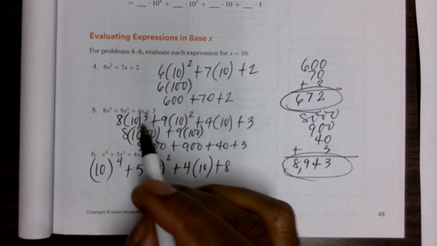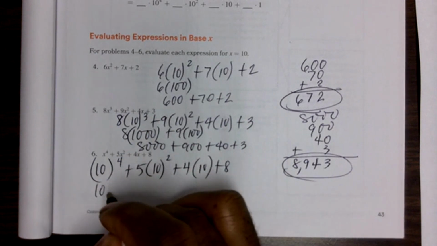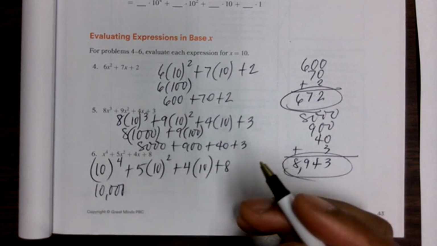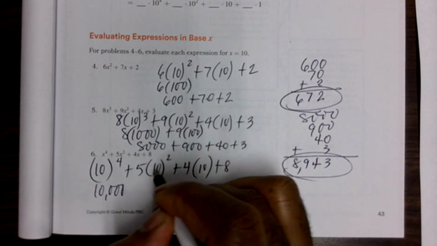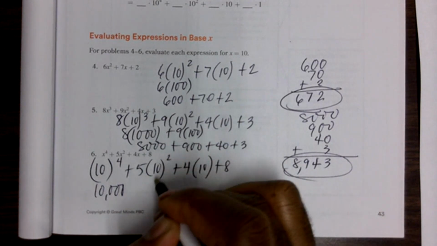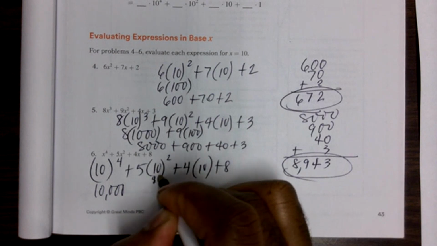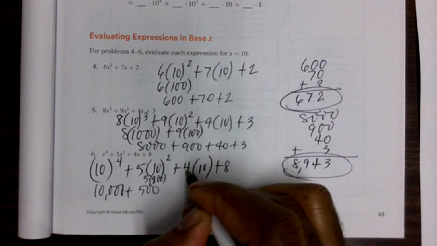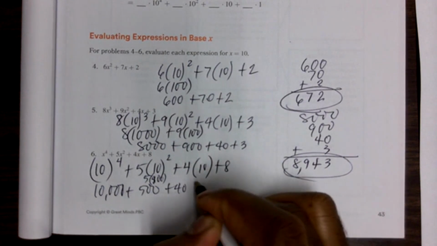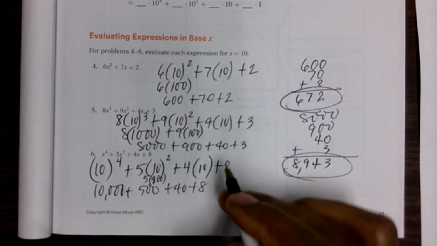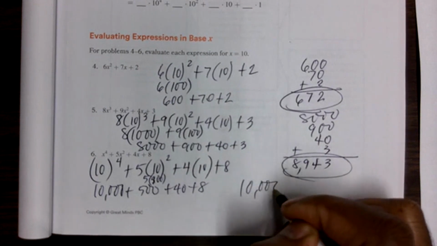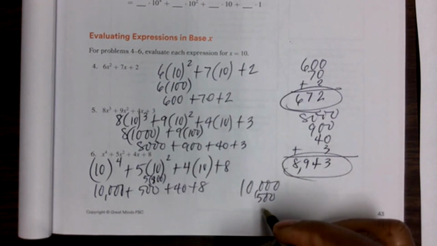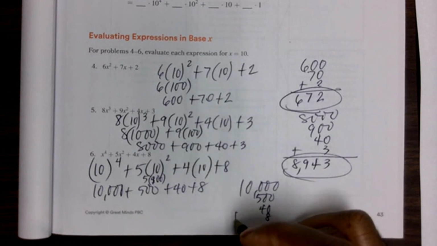All right, and then I'm evaluating. 10 to the 4th power is 10,000. All right, 10 squared is 100, and 5 times 100 is 500. 4 times 10 is 40, plus 8. Now I need to add that together. 10,000 plus 500 plus 40 plus 8.